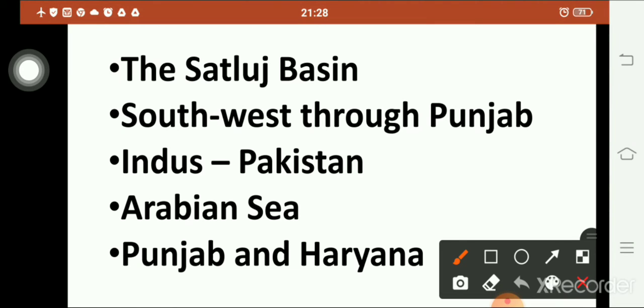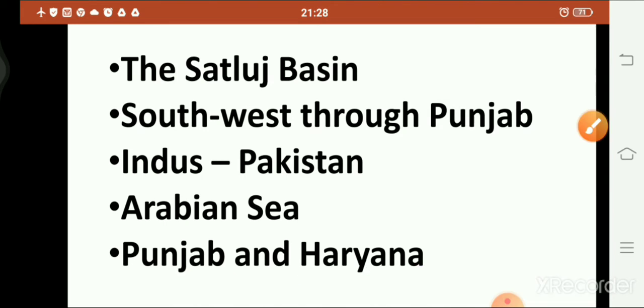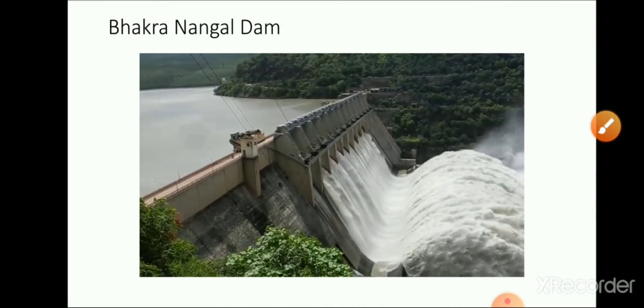Punjab and Haryana lie in the Sutlej Basin. This is a picture of the Bhakra Nangal Dam. The Bhakra Nangal Dam has been built on the Sutlej River.